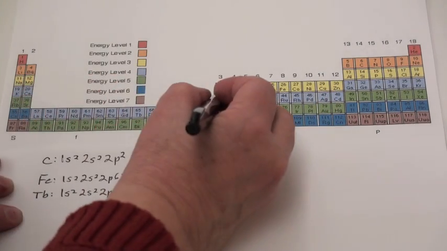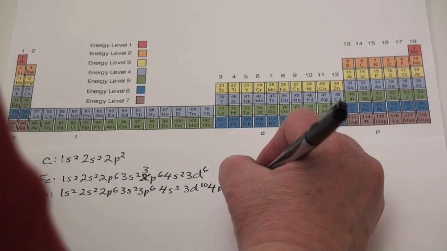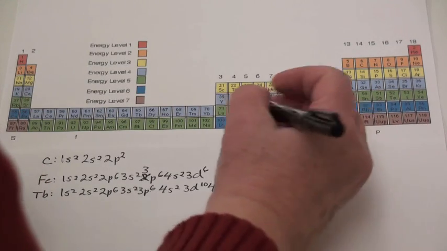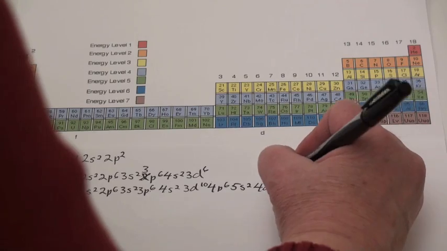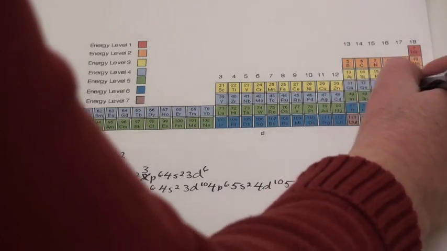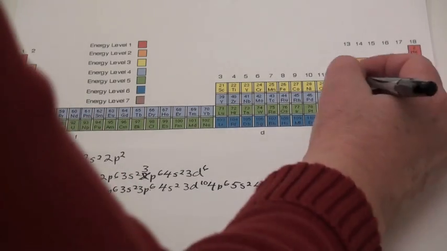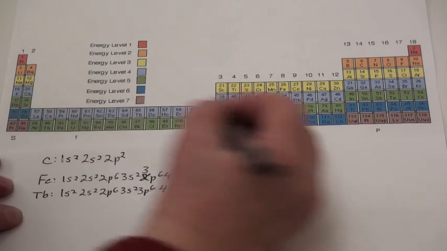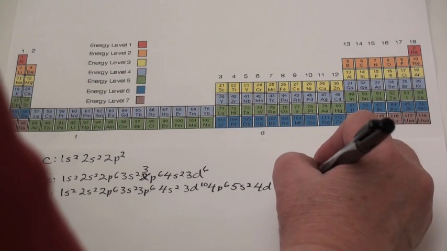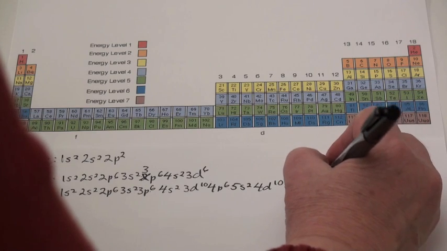After 5s2, we run into this one, so that's 4d10. After 4d10, we run into this color, 5p6. After 5p6, the next color is blue, so that's 6s2.